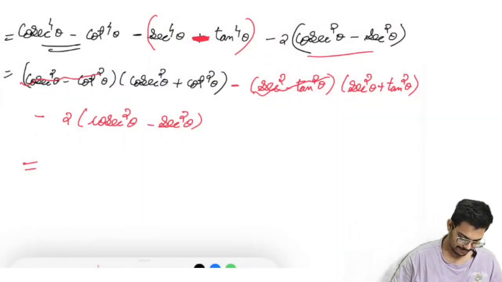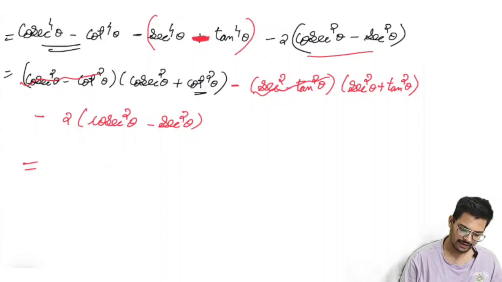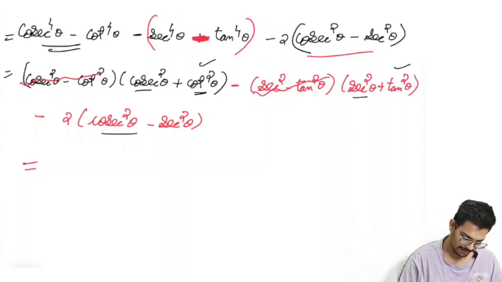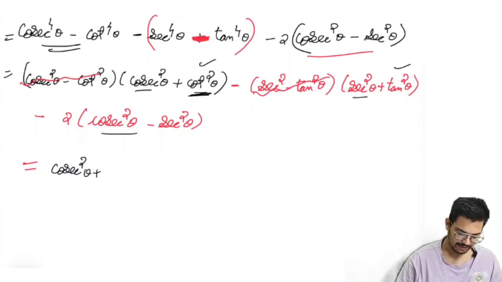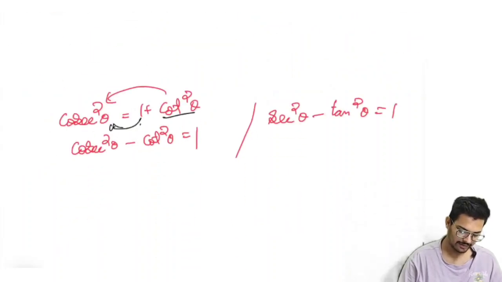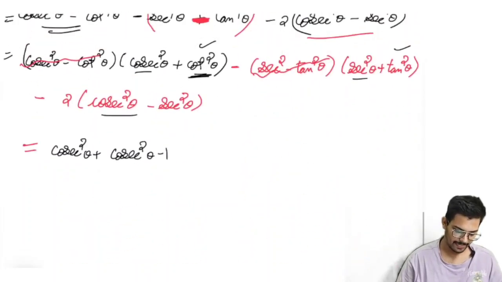In the next step, we can convert cot into cosec, because the majority of functions are cosec and sec. So convert cot into cosec and tan into sec. What is cot^2 θ? Cot^2 θ is cosec^2 θ − 1. Because when you take it here, cosec^2 θ − 1 automatically becomes cot^2 θ.